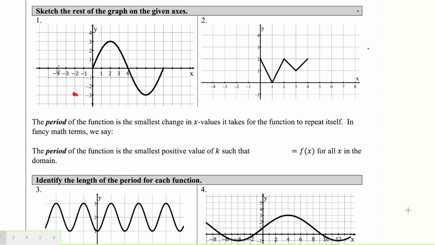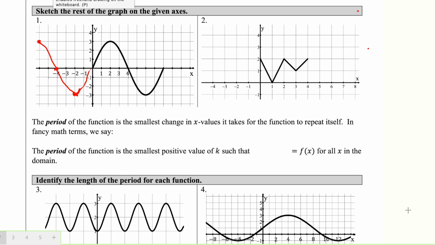Then it's going to go back up here. The highest that it will ever be is at 3, and it does it at 2, so it's going to go up here. And there you have it.